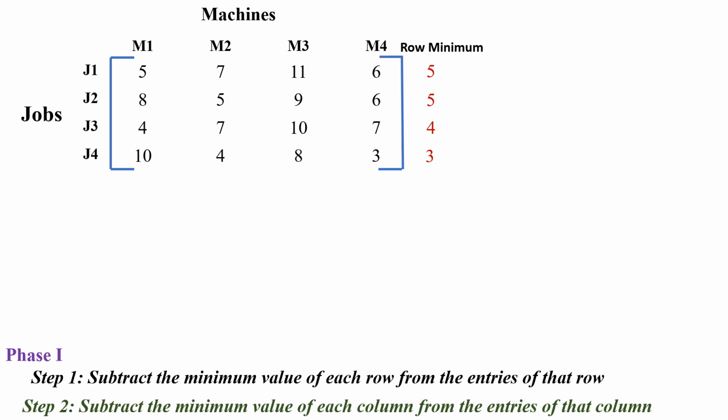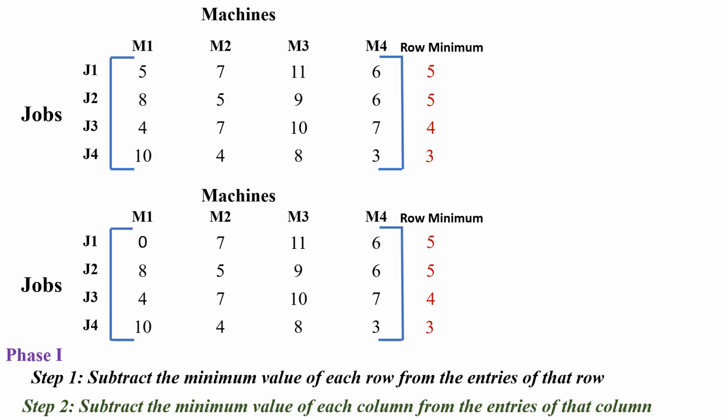Then subtract this minimum value, that is 5, from the first row. Then row 1 becomes 5 minus 5, 0; 7 minus 5, 2; 11 minus 5, 6; 6 minus 5, 1. Next subtract the minimum value 5 from the second row. Then row 2 becomes 8 minus 5, 3; 5 minus 5, 0; 9 minus 5, 4; 6 minus 5, 1.